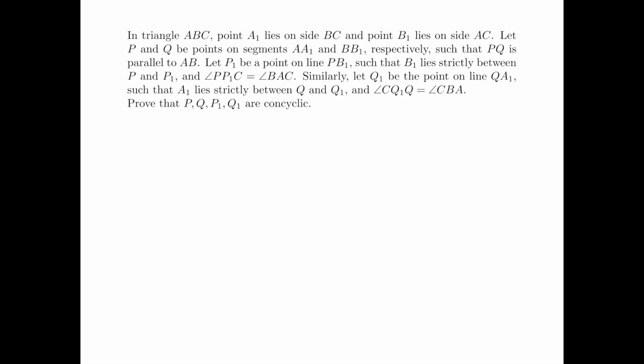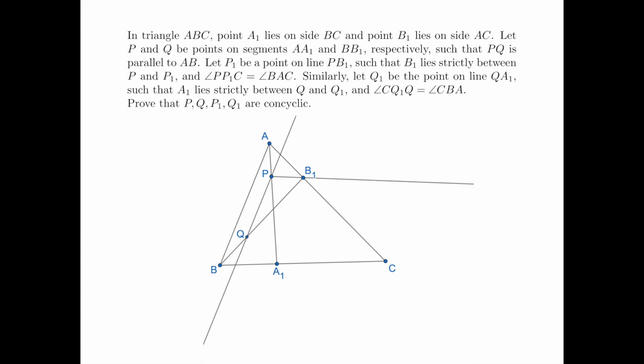In triangle ABC, we are given two points A1, B1 lying on the sides BC and AC. Then we take a point P on the segment AA1 and Q on the segment BB1 such that PQ is parallel to AB.